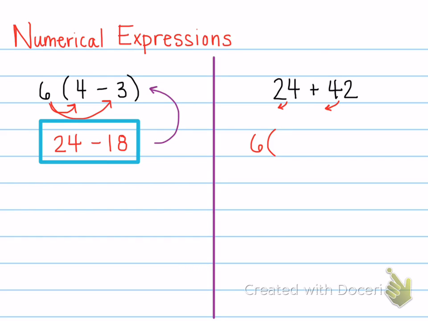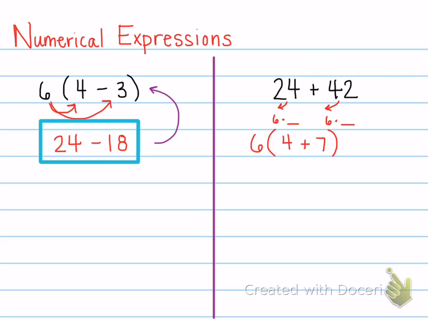And then you ask yourself, 6 times what gives me 24? That would be 4. And then 6 times what gives me positive 42, and that's 7. So you took out the 6, and 6 times 4 gave you 24, and 6 times 7 gave you 42. If you distributed, you would get the answer that you started with.